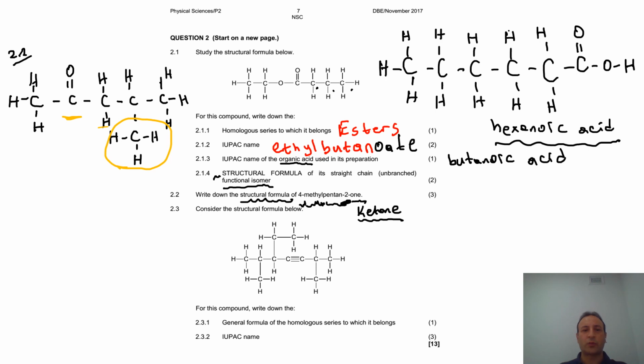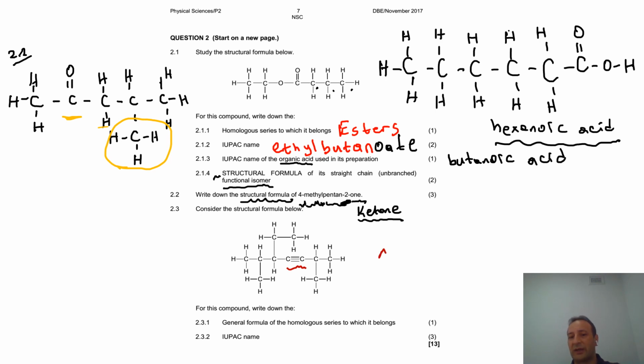And the next question, consider the structural formula below. Let us look at the structural formula again. This molecule is all made up of carbon and hydrogen atoms. There is only a small unusual section, which is a triple bond between carbon atoms. That easily makes it an alkyne.